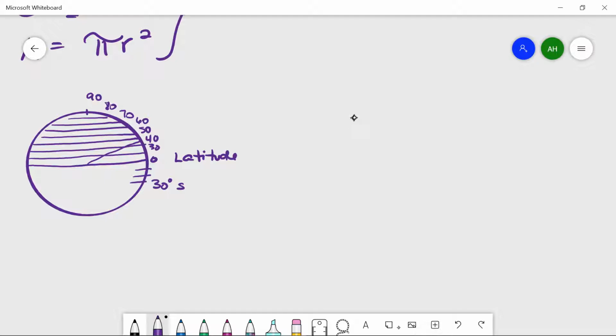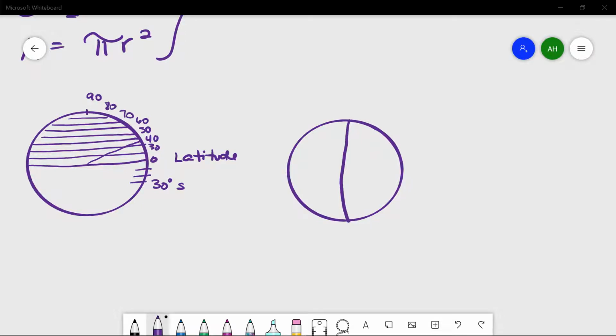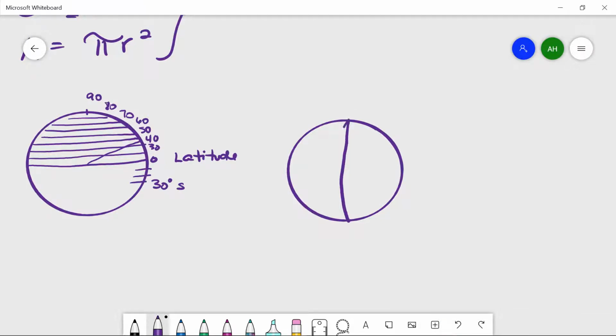Okay, so we have lines of latitude. We also have lines of longitude. Lines of longitude are all actually the same length. Lines of longitude start at the North Pole, and they go down around and theoretically go all the way around, from the North Pole around to the south and back up to the north.